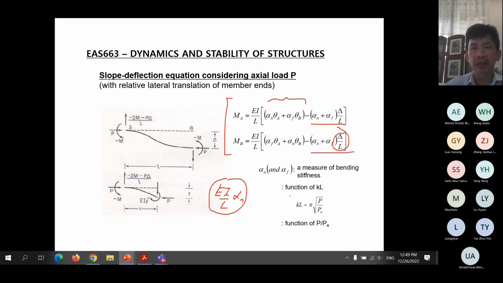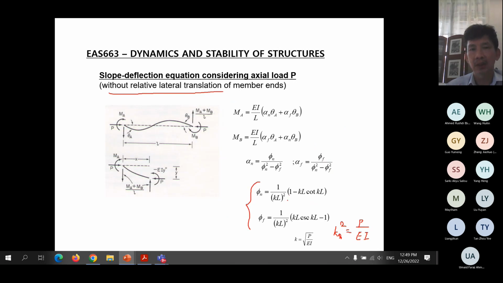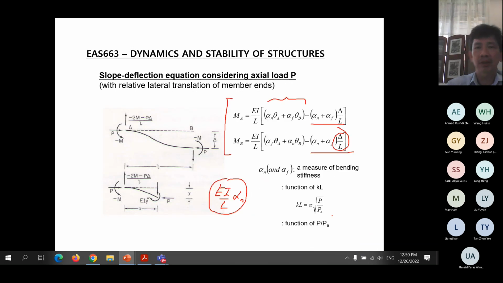And if you look at the detailed equations here, alpha n and alpha f are a function of KL. Okay. So this bending stiffness coefficient is a function of KL.